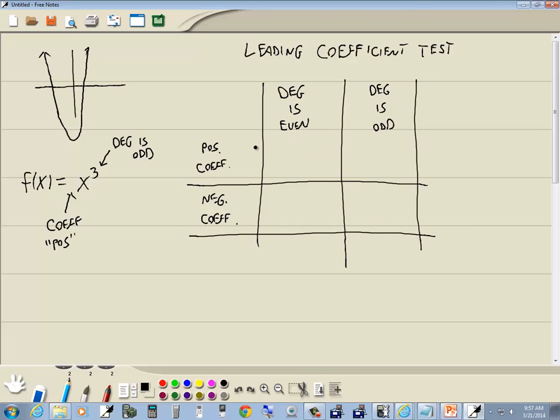Now, if we have a positive coefficient and the degree is even, then it's up to the left, up to the right. If our degree is even and we have a negative coefficient, then it's down to the left, down to the right.